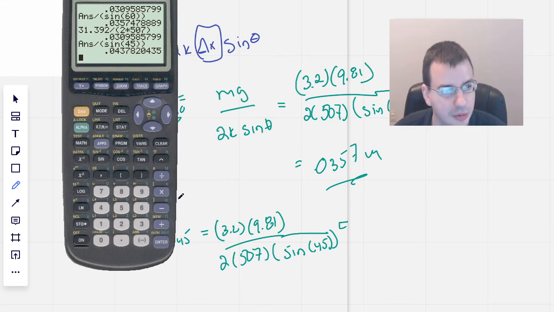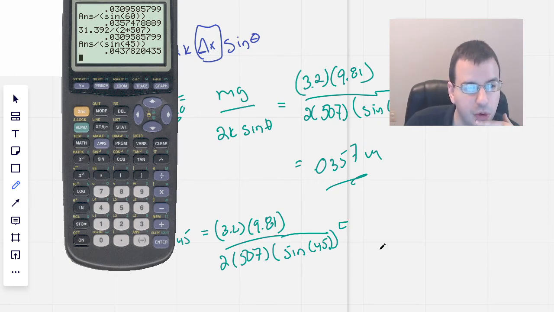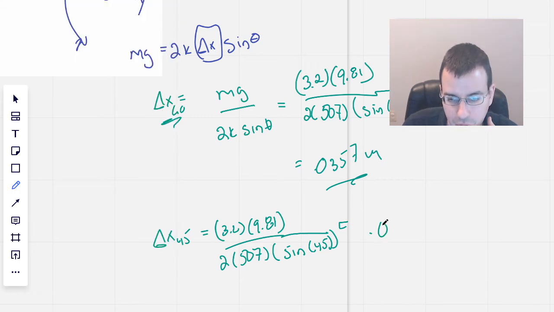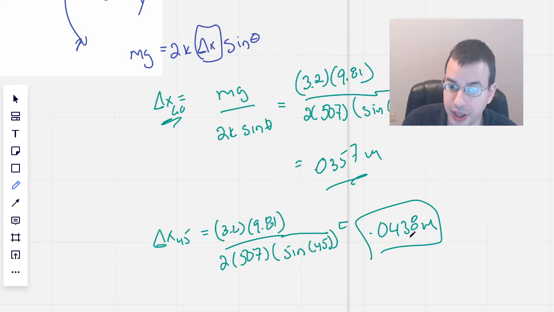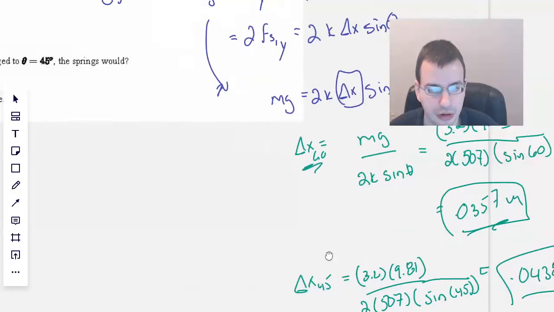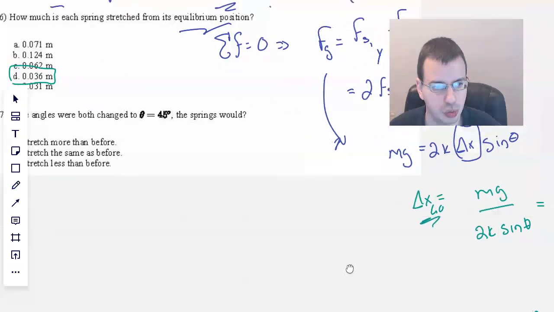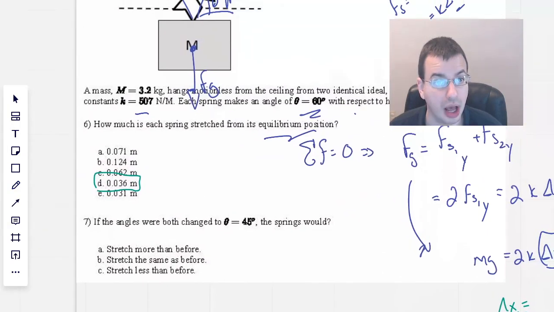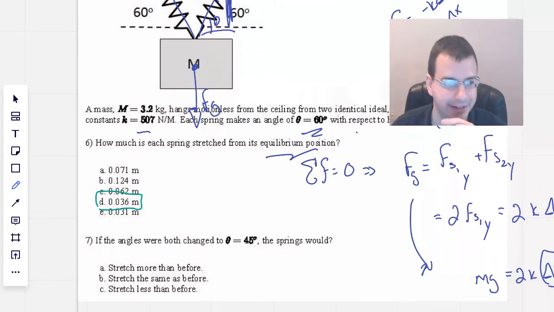We get 0.0438. So this number is bigger than that number, therefore the springs stretch more? That seems weird. Ah, yes, it's true.